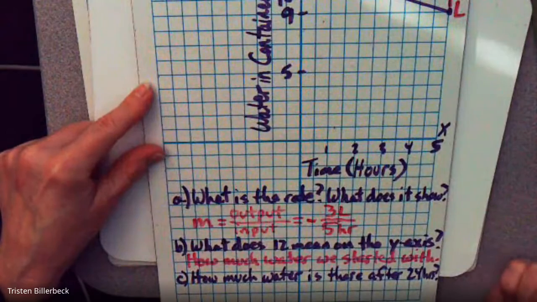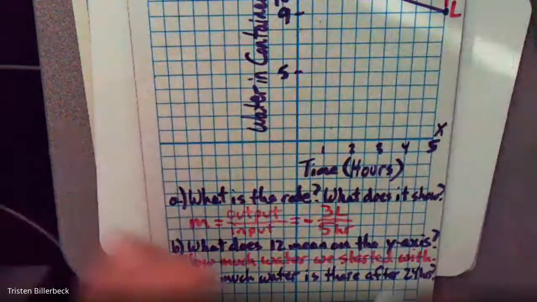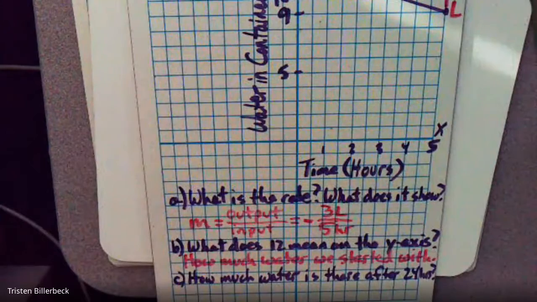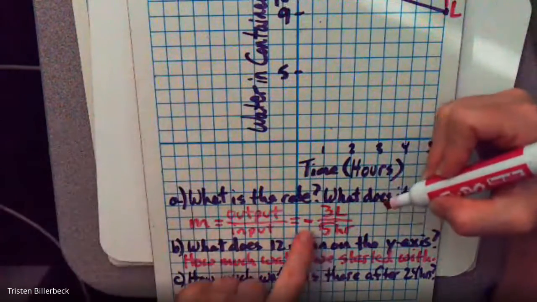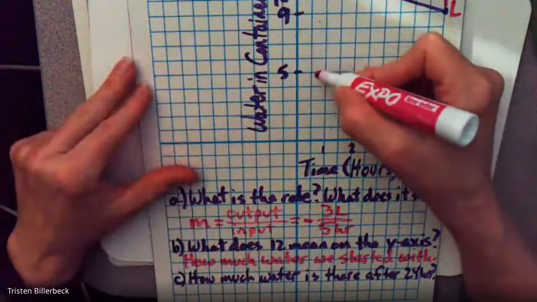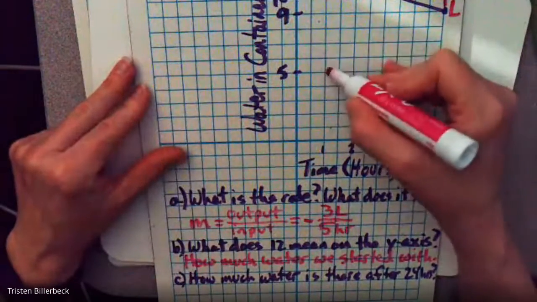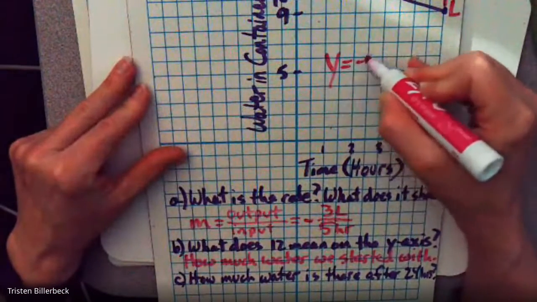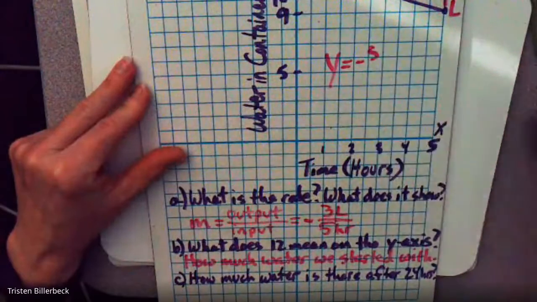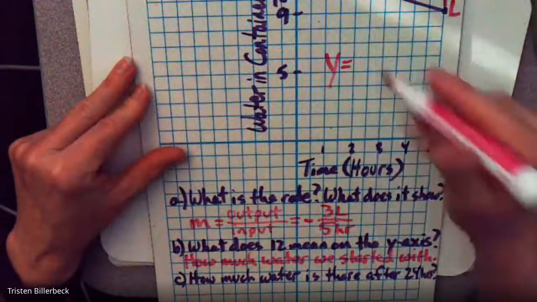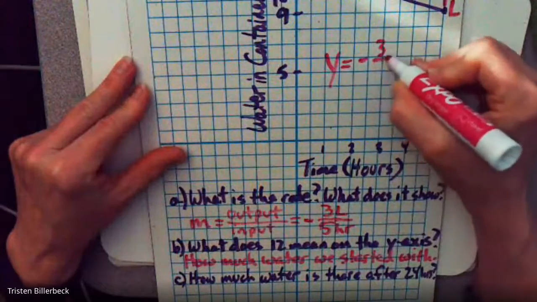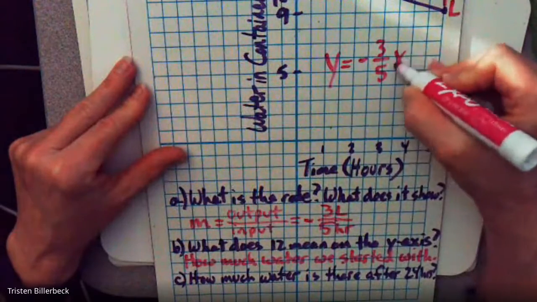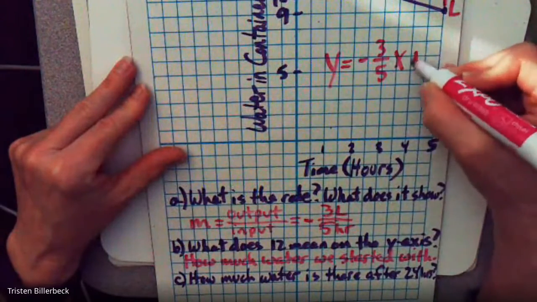Okay, and how much water is there after 24 hours? Okay, so to do that, we need to predict this equation. So let's go and, we have the slope, we have the y-intercept, so we can write an equation. y equals -3/5 x, and then we started with 12.